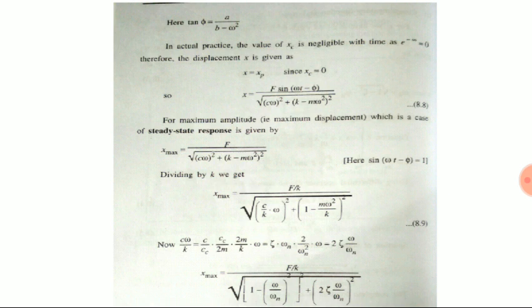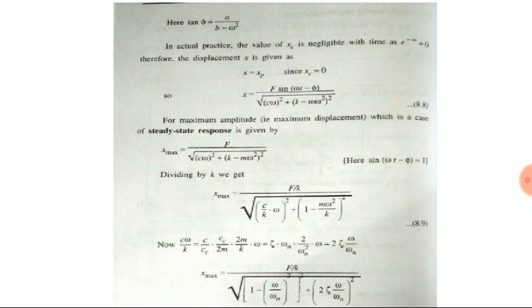Here the complementary function already becomes 0, so the remaining term is only the particular integral. The maximum amplitude of the particular integral is called the steady state response. So x max becomes F by square root of c omega whole square plus k minus m omega square whole square.